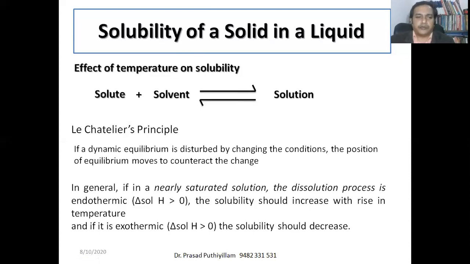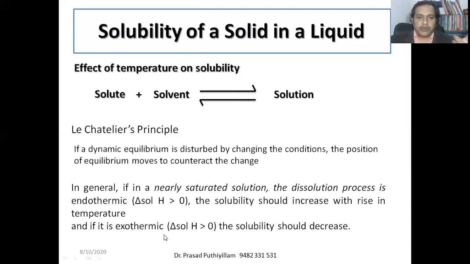Then we can say that in such cases, where the dissolution process is endothermic, the solubility should increase with rising temperature. That means if you heat the mixture, the solute particles should dissolve more, or even if it has almost reached equilibrium, more solute can be added to the solvent.